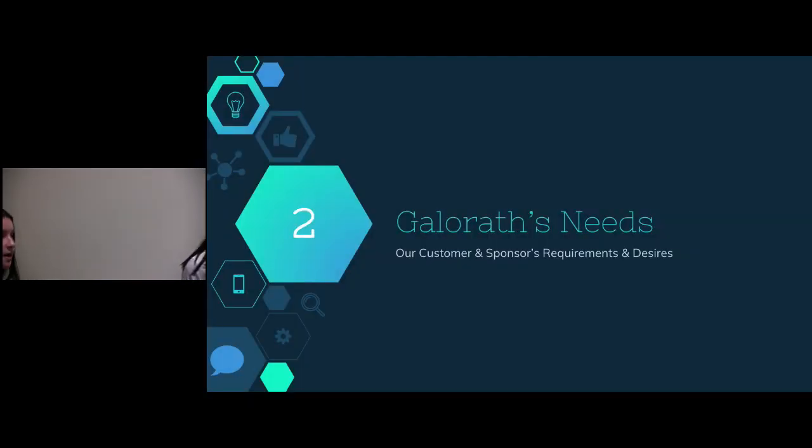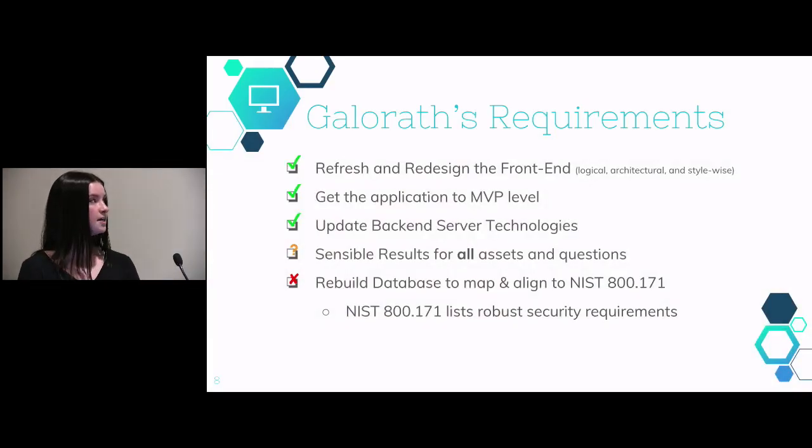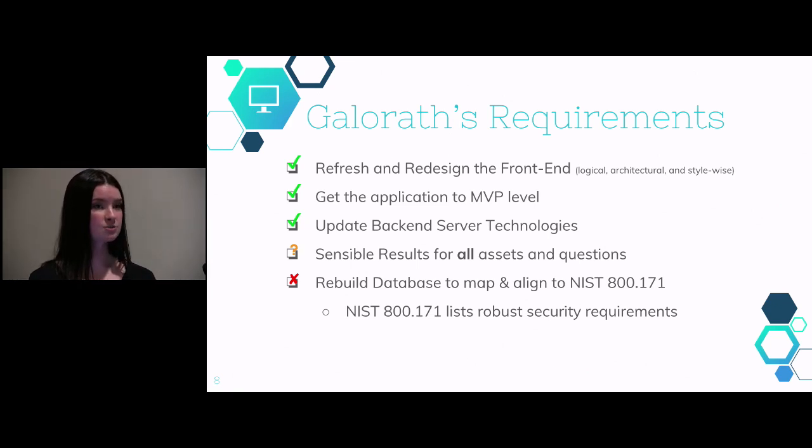I'm going to talk about the needs from our sponsor. Gallerat required us to redesign the front end. That was the main priority of this iteration of the project. We are version 2 of Cyber Advisor. So that meant refreshing and redesigning the front end from a logical perspective, from a user experience perspective, and just style overall.